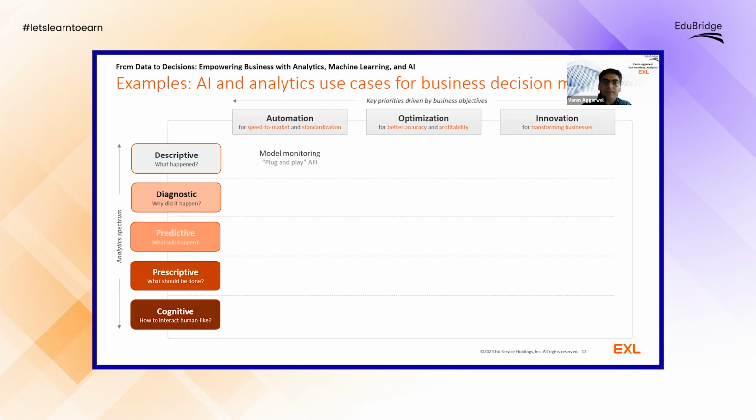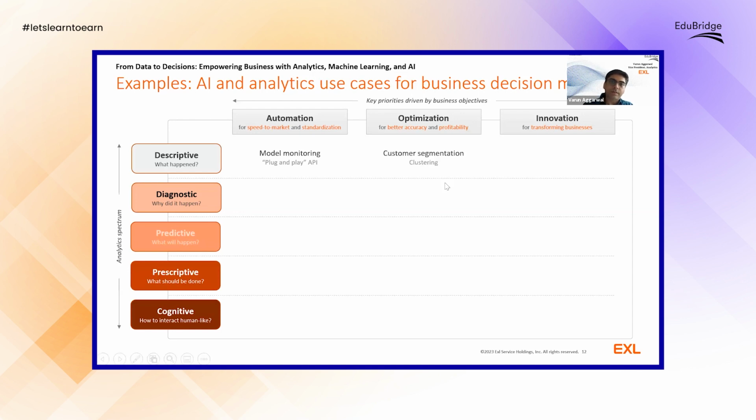So if you're able to create any plug and play API, that will be a very good use case for model monitoring automation, right? Because it basically tells you what happened. The why part is still missing, but for what happened, we have to make sure that we understand how many models are performing well, how many models need to be replaced.